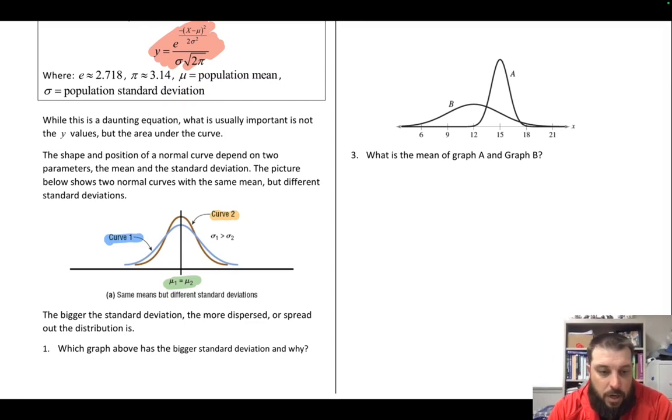Remember that's our Greek symbol mu for mean, but we have different standard deviations. Standard deviation of 1 is greater than the standard deviation of 2. Remember, standard deviation is one of the measures of variance, so how spread our data is.